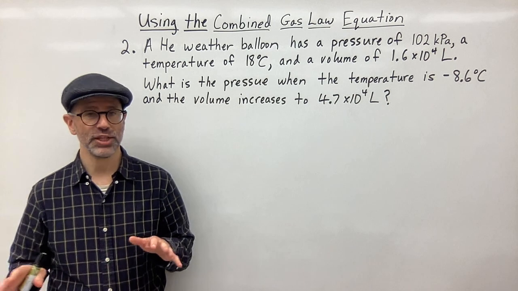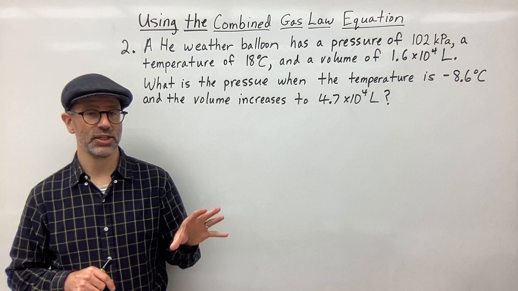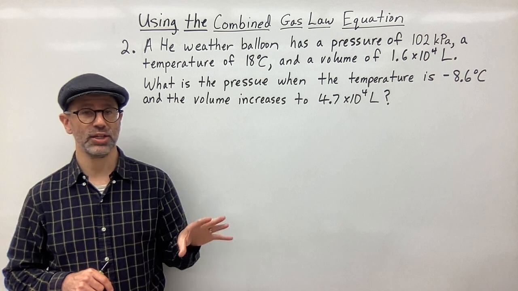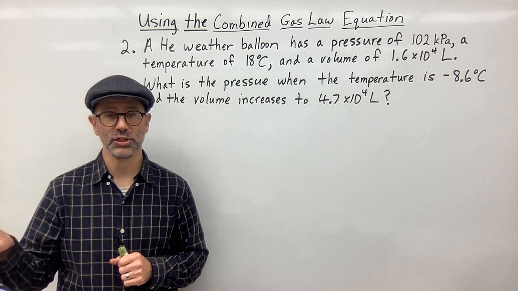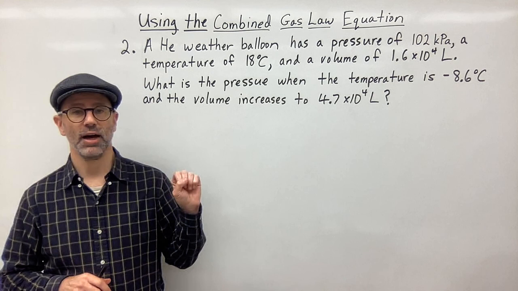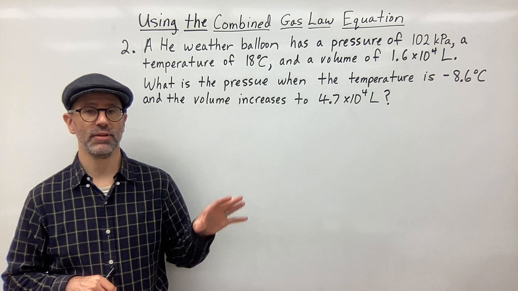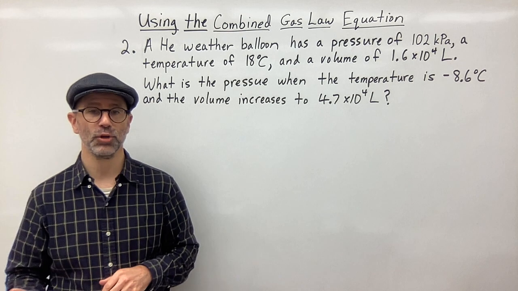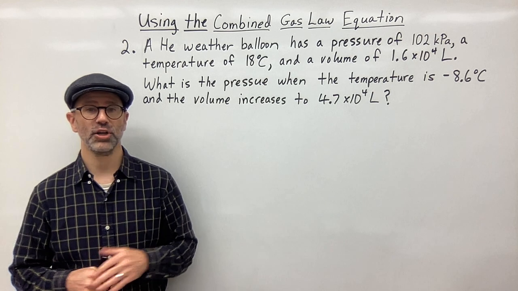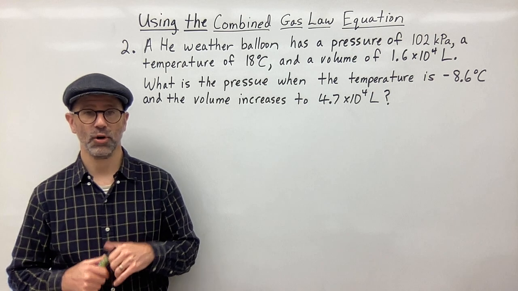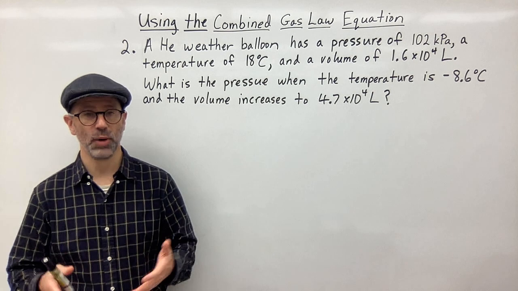If there's no change going on and they're just giving you a set of conditions, like the volume, the temperature, and the amount of the gas, and they ask you for the pressure, then you're going to use the ideal gas law equation.